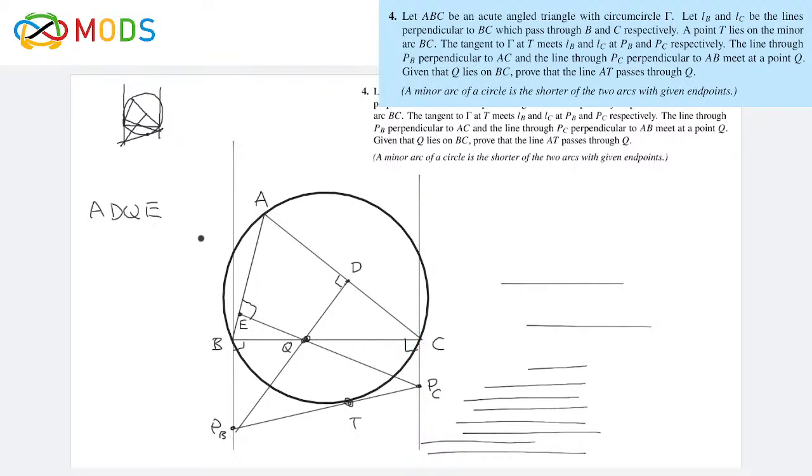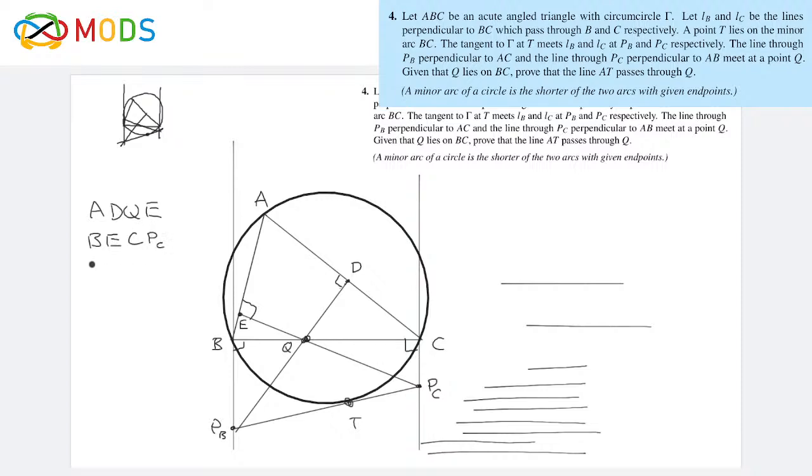EBCPC. Oh, right. Oh, yeah, that is a cyclic quad. BECPC.